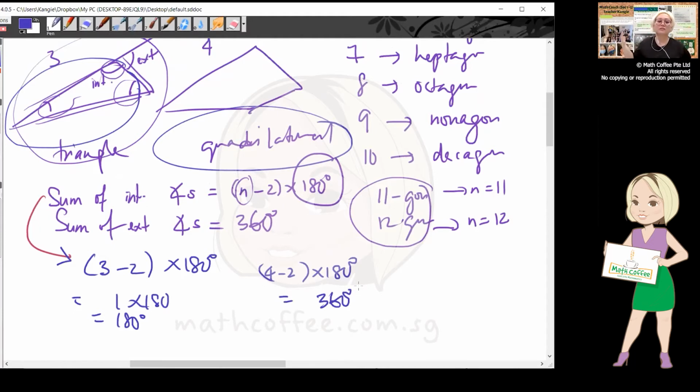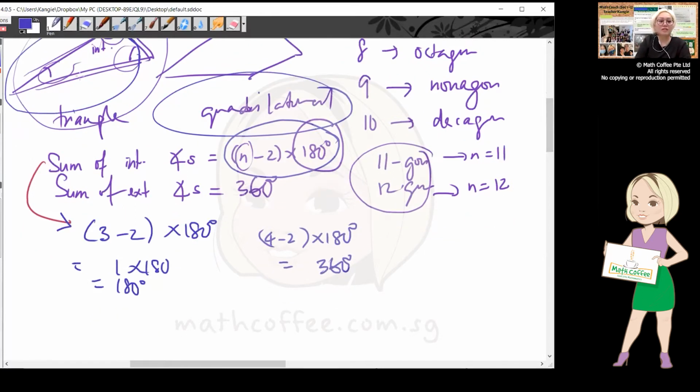In primary school, you learned the triangle and quadrilateral, and you know the inside angles sum to 180 and 360 degrees. In secondary school, you learn more, like the pentagon and hexagon, which have 5 sides and 6 sides. But the formula is still (n minus 2) multiplied by 180. Next are the two words, regular and irregular.